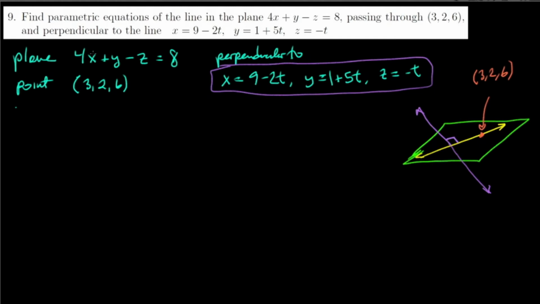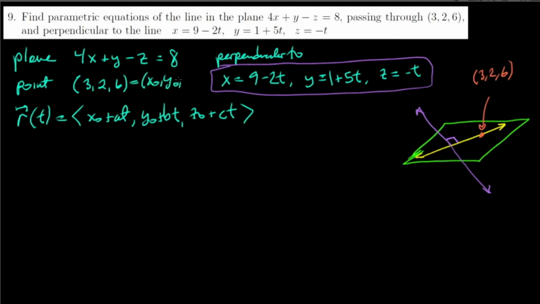So what do we need to find the parametric equations of a line? Now in this case we could write it as vector r of t. But it's just x0 plus at, y0 plus bt, and z0 plus ct. And in fact, we're given the x0, y0, z0 because we're given a point on the line. Okay, so really all we need now is just the a, b, and c.